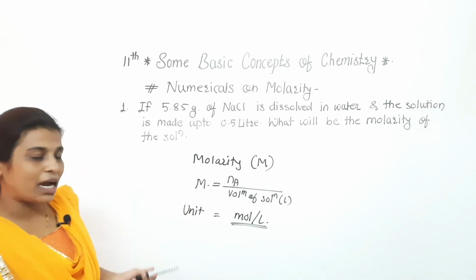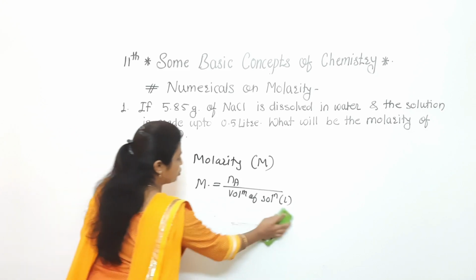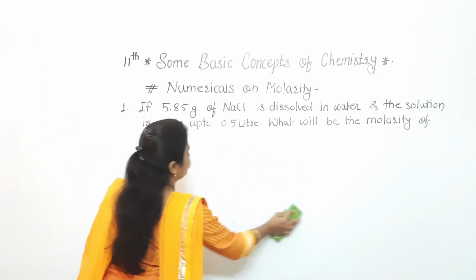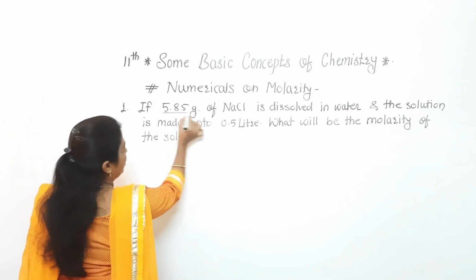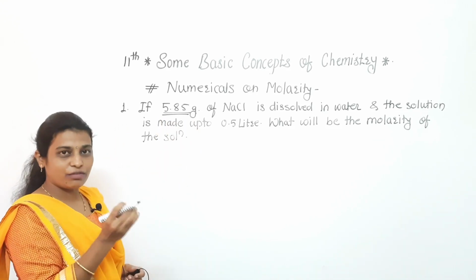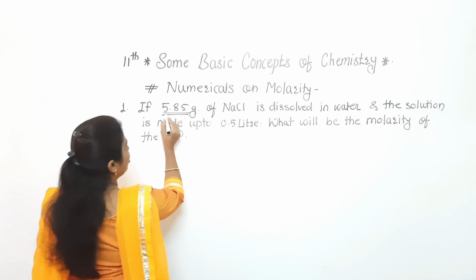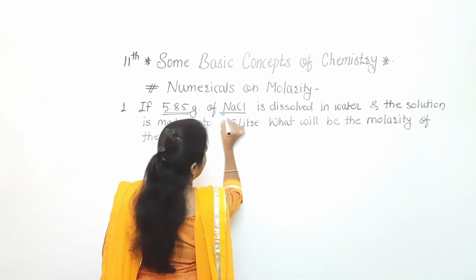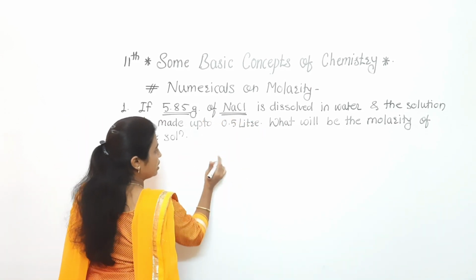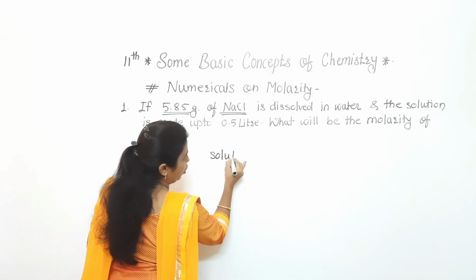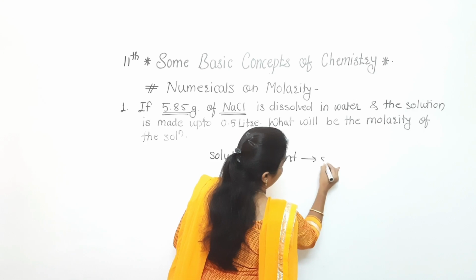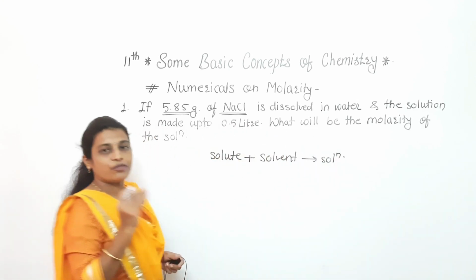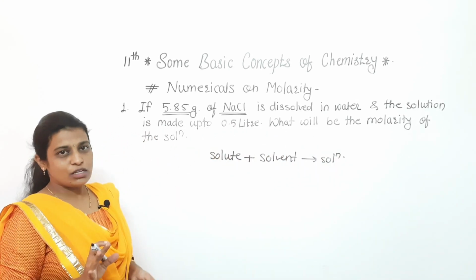Now we'll start with the first numerical on molarity. See, what is the first numerical? The first problem is: if 5.85 gram of NaCl. Whenever we get the values, we'll note them down. As we discussed previously, when a solute is dissolved in a solvent, it gives the solution. So firstly we should know which one is the solute and which one is the solvent.